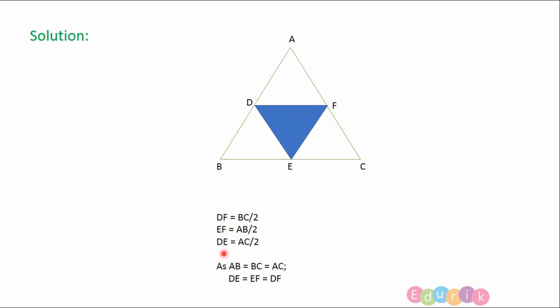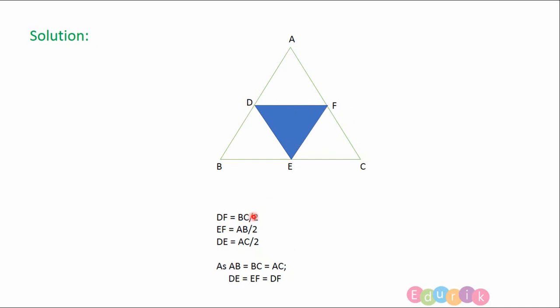So we can write that DE equals AC by 2. We can write EF equals AB by 2 and DF equals BC by 2. As we are already given that ABC is an equilateral triangle, AB equals BC equals AC. Therefore, DE will also be equal to EF and EF will be equal to DF.